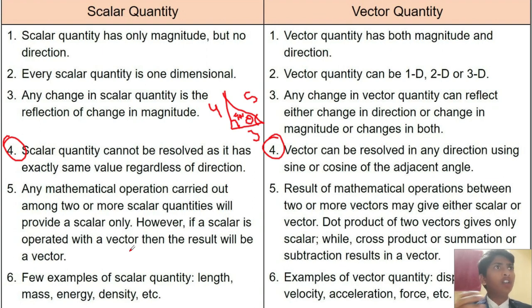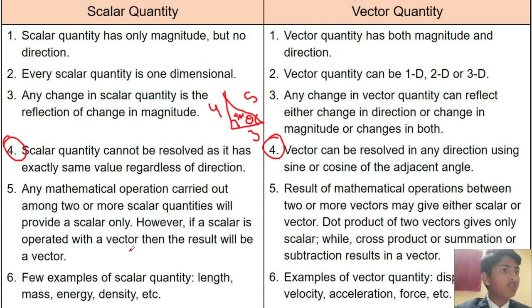The result of mathematical operations between two or more vectors may give either scalar or vector. The dot product of two vectors gives only a scalar, while the cross product, summation or subtraction results in a vector. There are two types of products in vectors, dot product and cross product. We are not discussing dot product or cross product now. It comes in later classes.